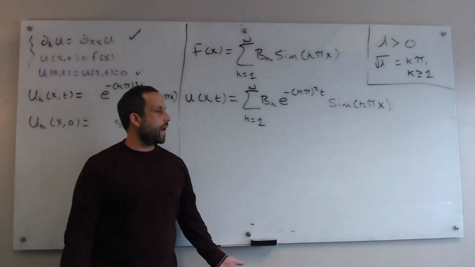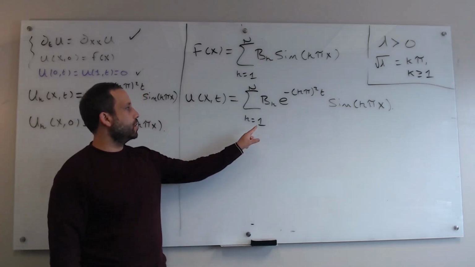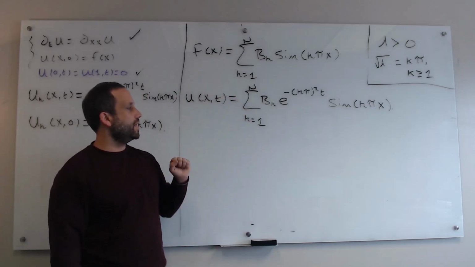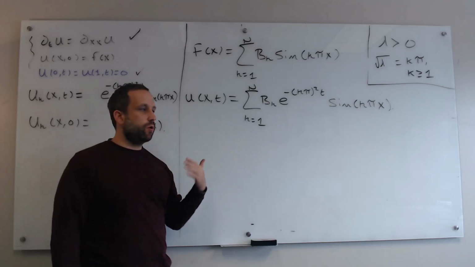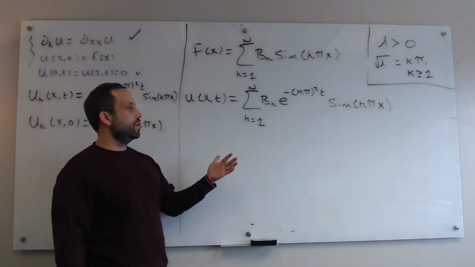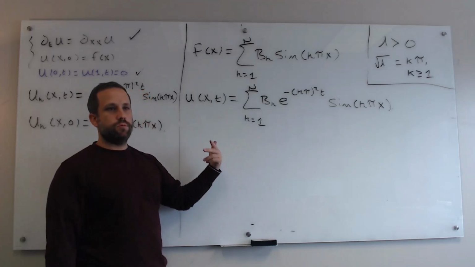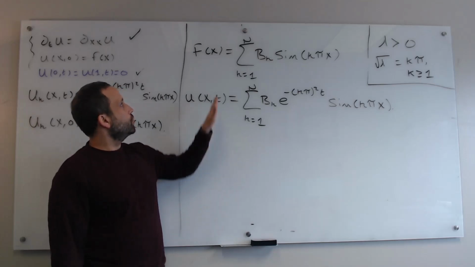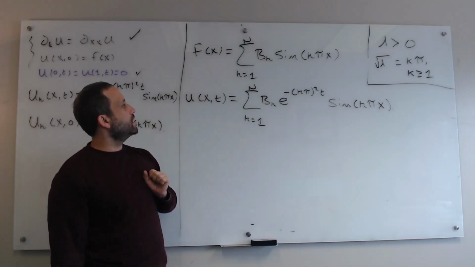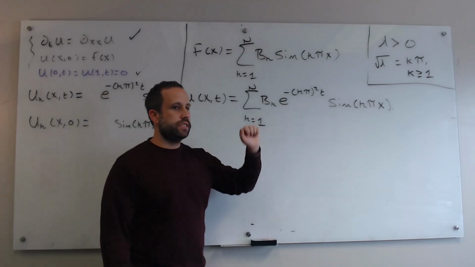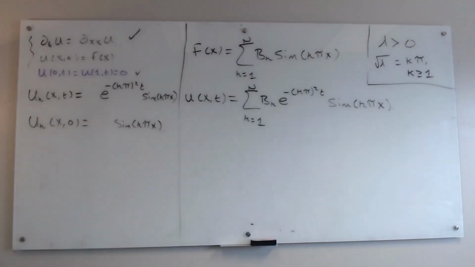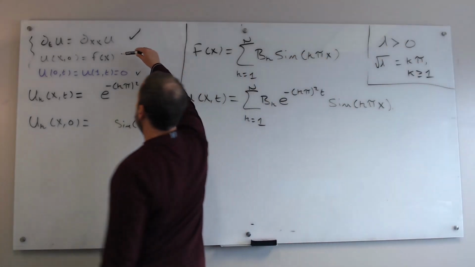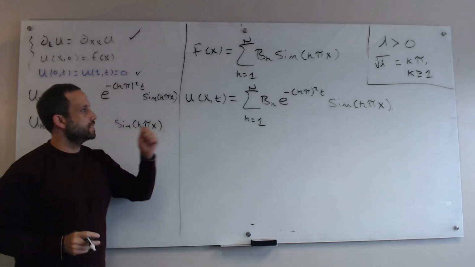In the example we just looked at, we could say the sum goes from k equals 1 to 19, and all of the bk's are equal to 0 except b3 was equal to 2 and b19 was equal to 4. So if we know f of x has this form here, then we know u of x,t is equal to that. And that will solve this problem that I have here. That will solve the heat equation with these initial conditions and boundary conditions.